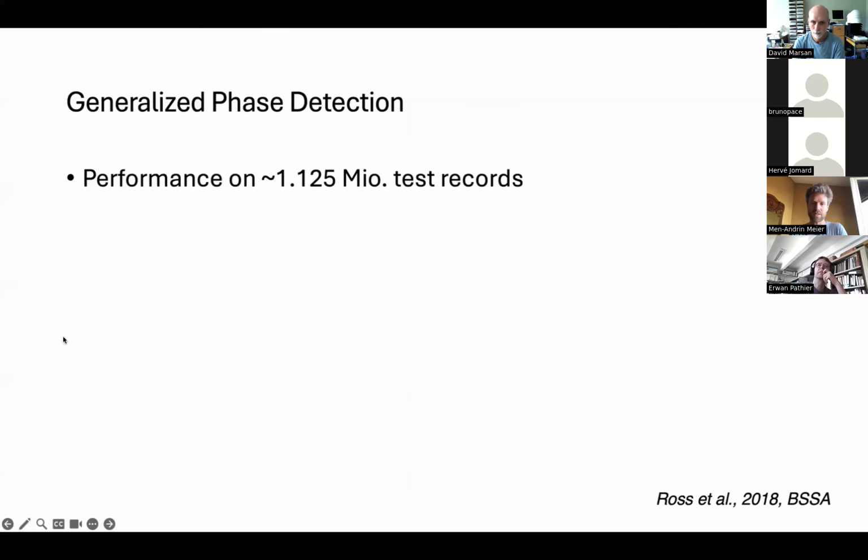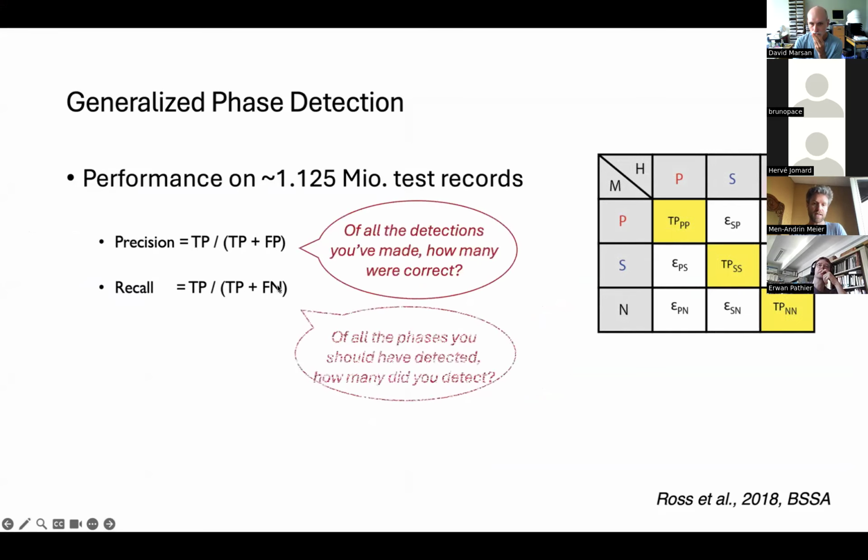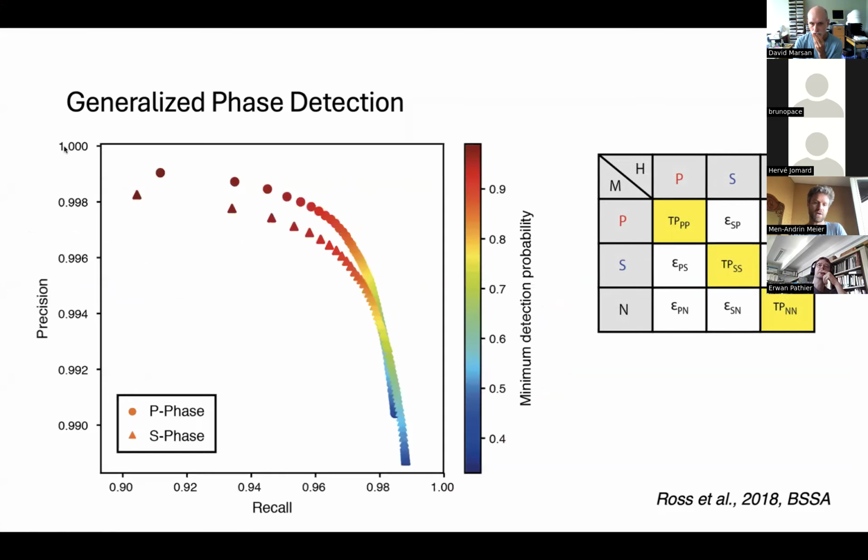And so what you do is, in our case, we had over 1 million test records that we hadn't used, that the model hadn't seen. And you can then define precision and recall, which are inversely related to the number of false positives and false negatives. And they trade off with each other. So a precise model is one that never makes a false positive, a false prediction.